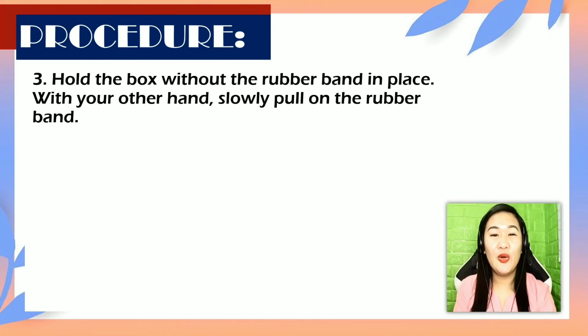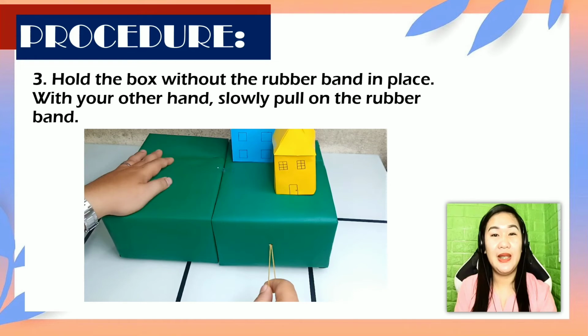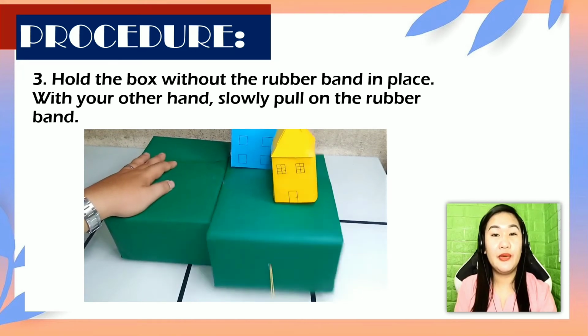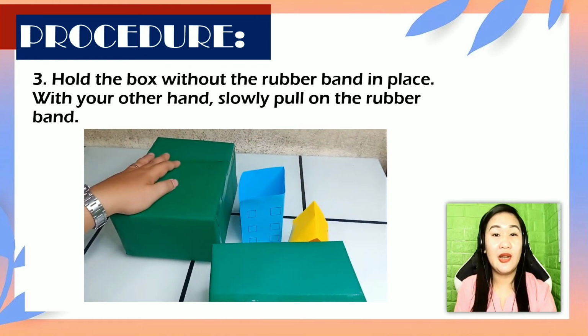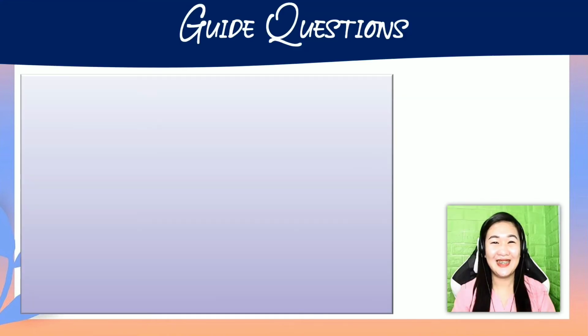Third, hold the box without the rubber band in place. With your other hand, slowly pull on the rubber band. The rubber band should be pulled forward and horizontally, not sideways, upward, or downward. After performing the activity, let us try to answer the following guide questions.